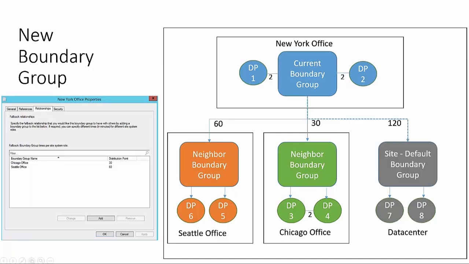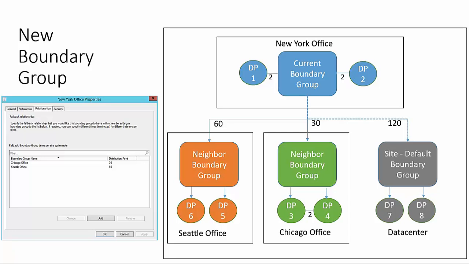There is also the concept of the default site boundary group, which is an addition to the neighbors you define. It's an implied link created automatically connecting to each boundary group with a timeout value of 120 minutes, but it's customizable. When the content is not available anywhere else, the client can fall back to the default site boundary group.